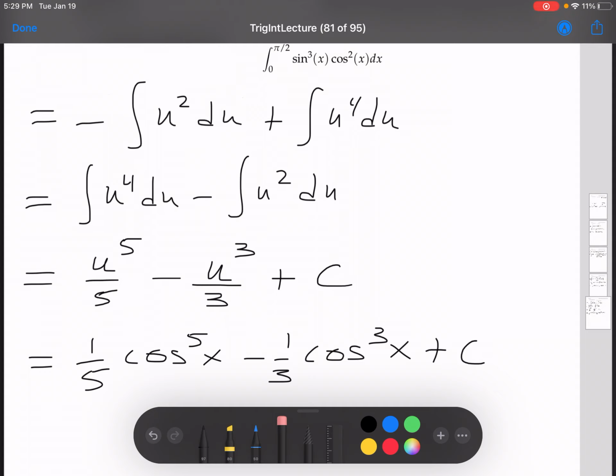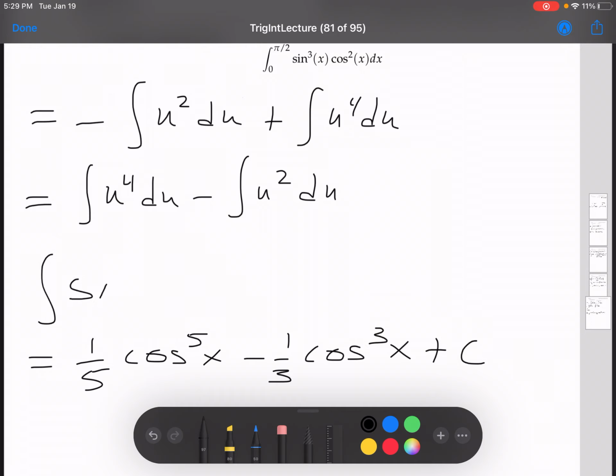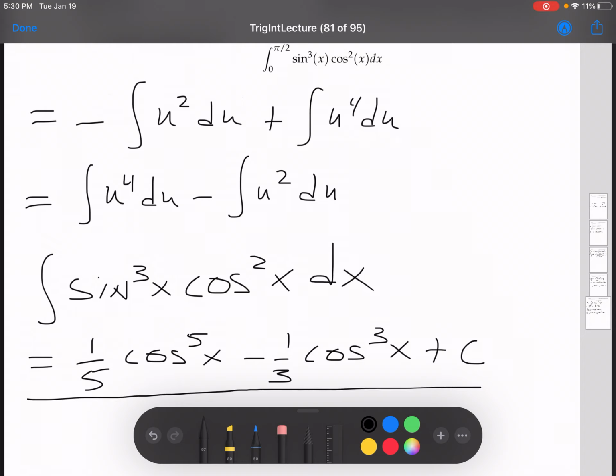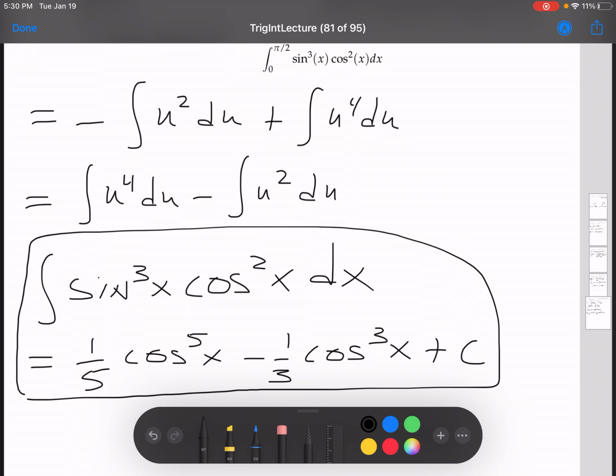Right, so that's our antiderivative. So what I found here is that the antiderivative of sine cubed x cosine squared x dx is equal to this thing. So I've now found my antiderivative.